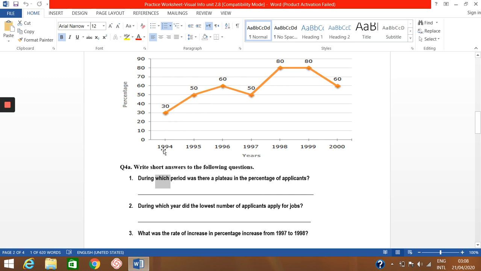You can consider it as one period, or you can have it as two separate periods, because it describes an upward trend here.